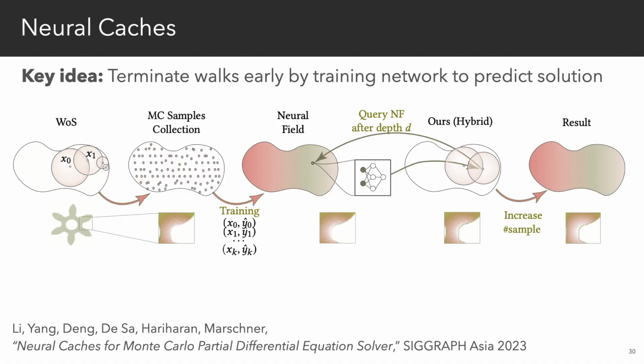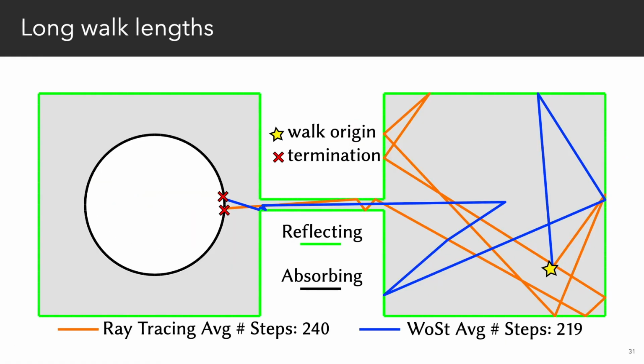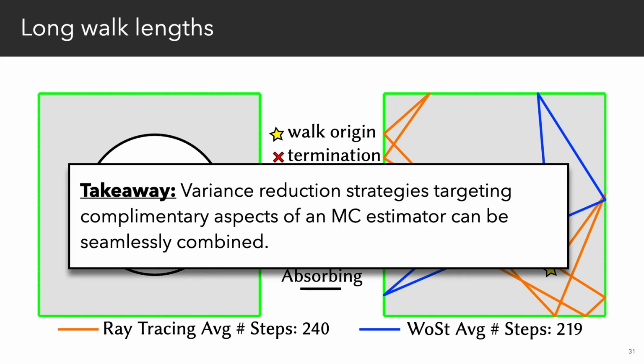These types of caching strategies can be useful in domains with thin features, where both walk on stars and path tracing struggle. So, the key takeaway here is that in general, it makes a lot of sense to design variance reduction strategies that target complementary aspects of a Monte Carlo estimator, because then they can be combined seamlessly.